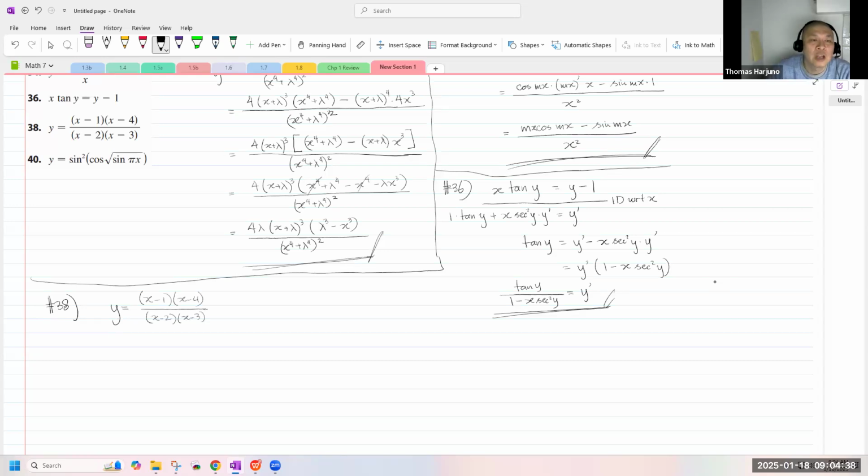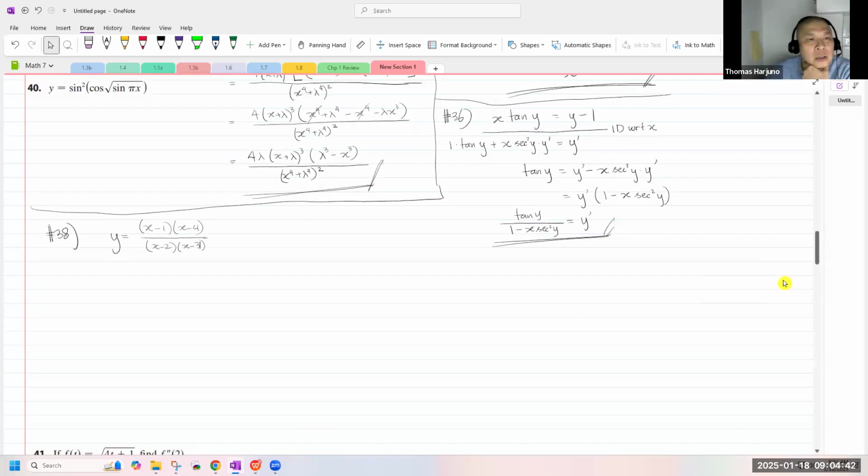Now, of course, you can FOIL the top and the bottom and use quotient rule. What I think I will do is use quotient rule without foiling it. Why? Because the nice thing about x minus constant is that when you take the derivative, it equals 1. Foiling it will mess up the structure. Okay, I will use that property.